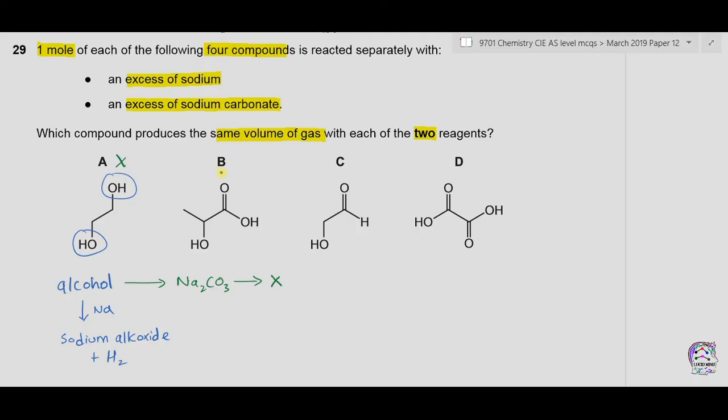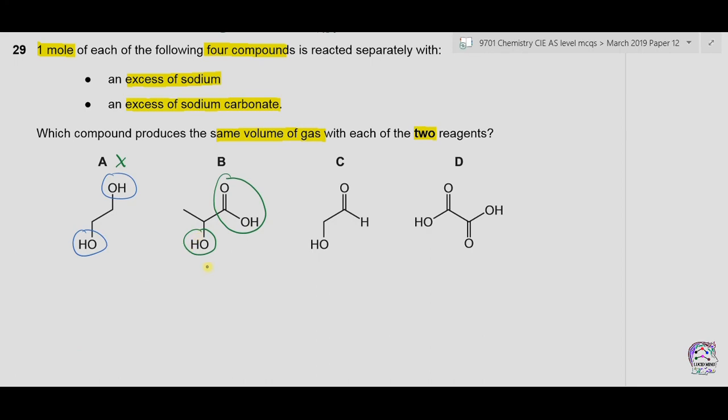Let's move towards B. In B we have 2 functional groups. One is carboxylic acid, second is alcohol. Now in B both functional groups react with sodium to form sodium alkoxide and sodium salt. So the structure would be like this: ONa, C double bond O, ONa.